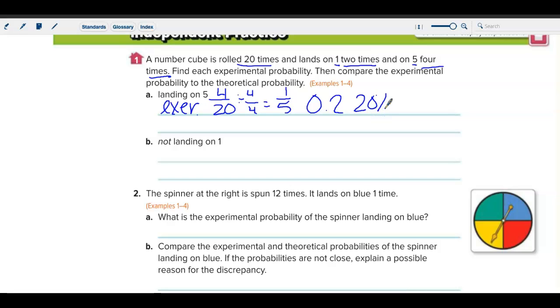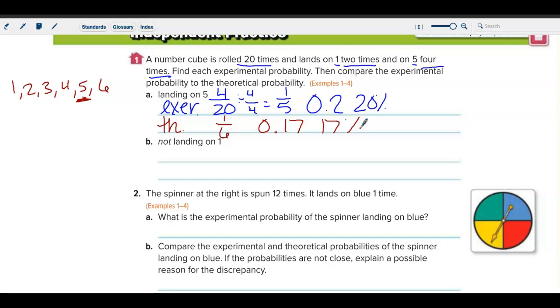Okay, our theoretical probability is, on a dice, you have 6 options, 1, 2, 3, 4, 5, and 6. Only one of those options is 5, so you have 1 out of the 6. That can't be reduced, but as a decimal, it is 0.17, which is the same as 17%.